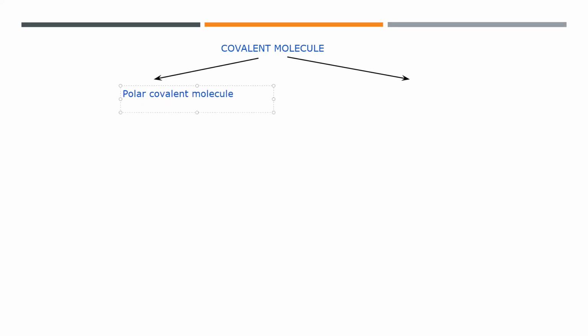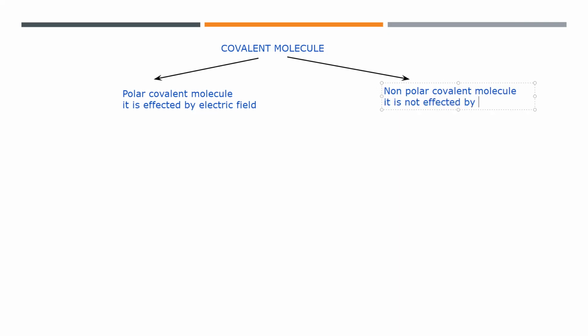Polar covalent molecule means it is affected by electric field. Or it can be a non-polar covalent molecule. If it's a non-polar covalent molecule, it means it is not affected by electric field. Like electric field does not have any effect on that molecule.